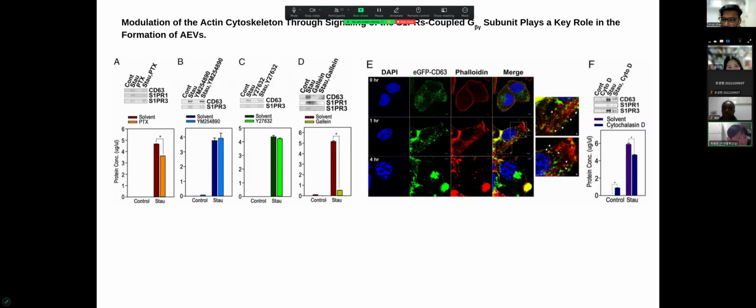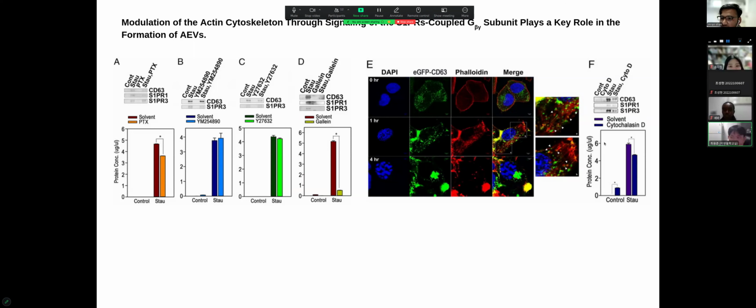And then what is the result of the F-actin? It shows that the CD63 positive particles are co-localized with the filamentous actin, and after 4 hours they are disconnected as they move to the perinuclear region where they are surrounded by vacuoles and then ultimately released slowly from the cell.